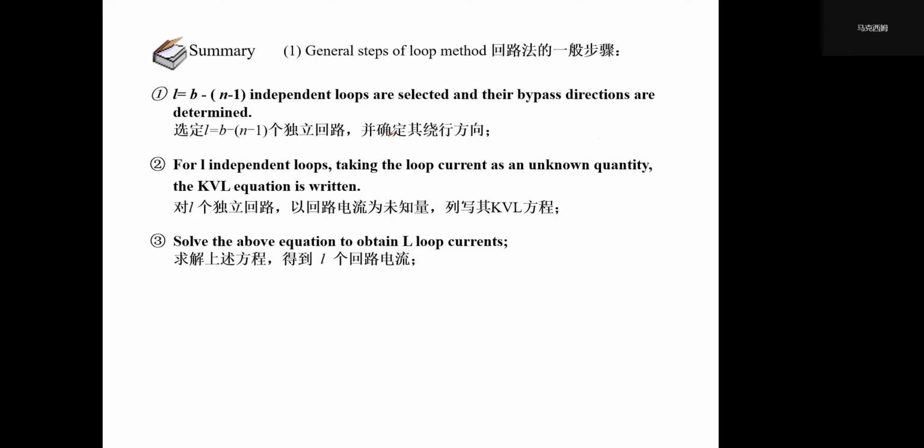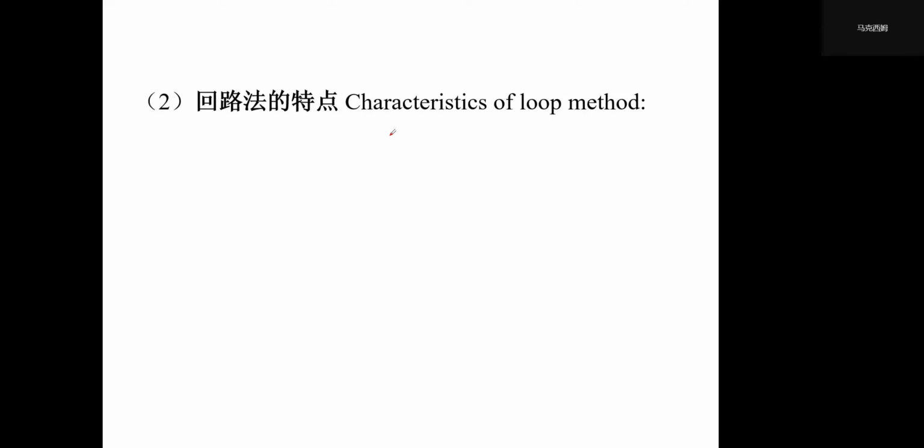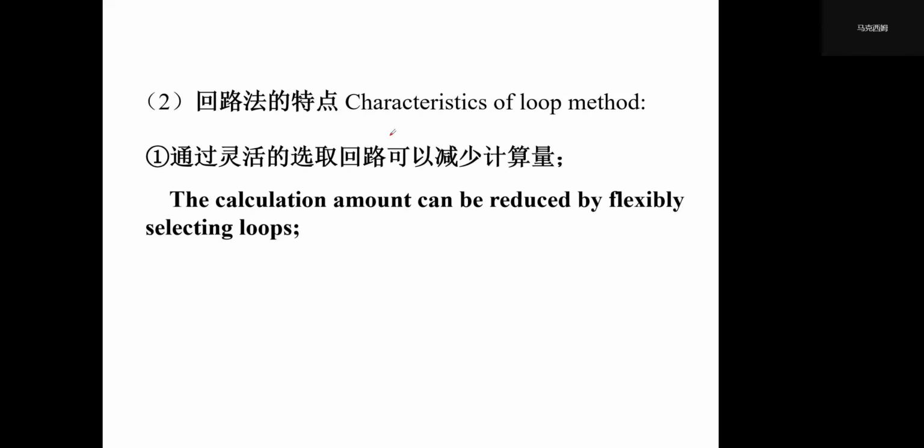And by solving those equations, we get the loop currents. And all the branch currents can be deduced from the combination of the loop currents. And from the branch currents, we can calculate the corresponding branch voltages. So this is what we learned in last week's study, and I hope you have already mastered it.